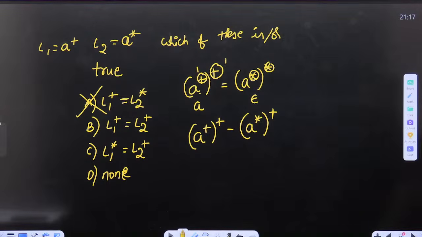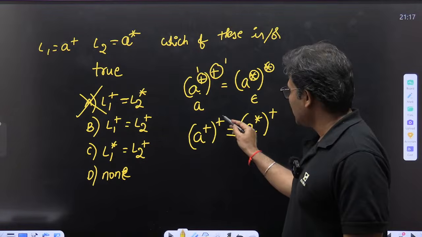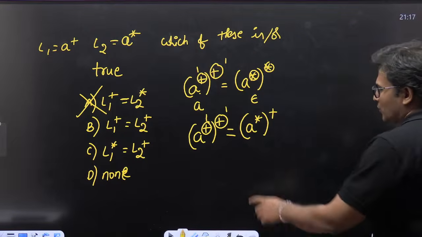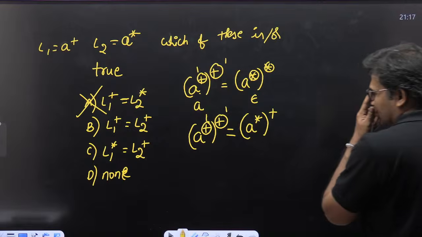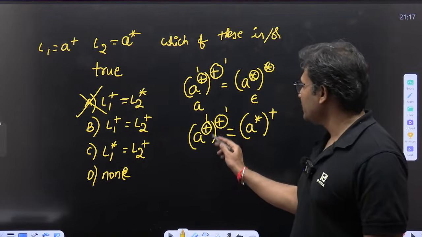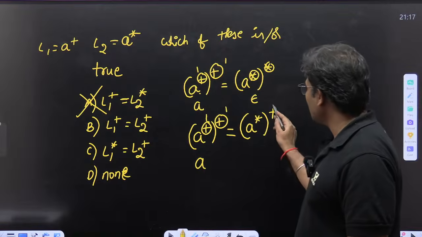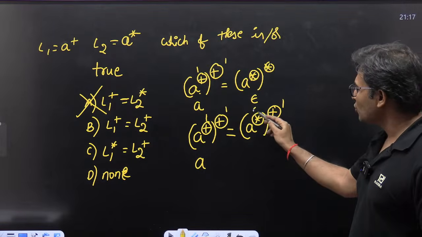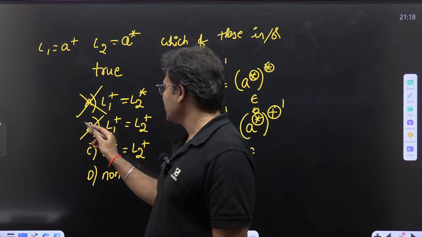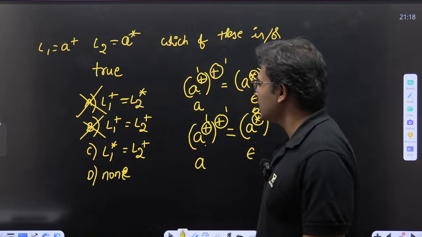If I put a 1 here and a 1 here, this is going to be minimum A. If I put a 1 here and a 0 here, here also I'll get epsilon. So both are not equal. Here I am getting minimum A and here I am getting epsilon.